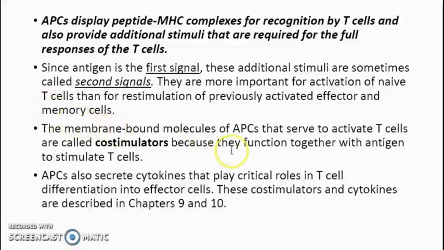The membrane-bound molecules of antigen-presenting cells that serve to activate T cells are called co-stimulators because they function together with antigen to stimulate T cells. Antigen-presenting cells also secrete cytokines that play a critical role in T cell differentiation into effector cells.